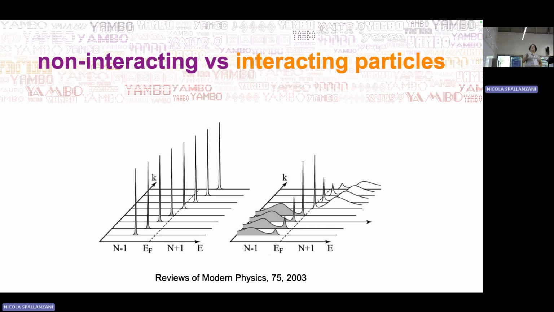So if we have the spectral function of a non-interacting system, we'll have these clean lines that we've seen in the DFT band structure. So the excitations correspond to delta peaks. So this is a cut of the band structure along the energy and here along the K-space. Each excitation gives a delta peak with no broadening.